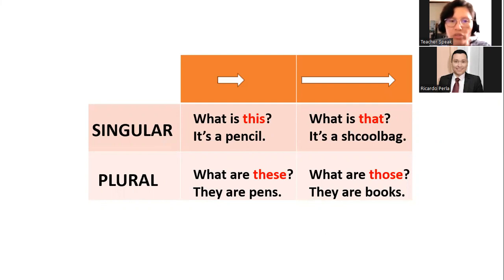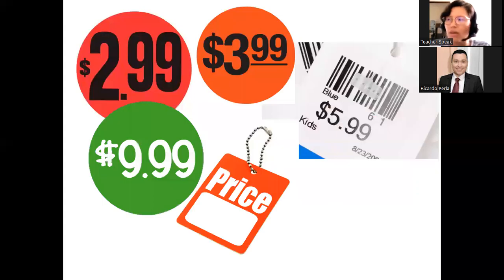Okay, very good. So then the second topic that we studied is this. We talked about prices, right? What is the topic? Do you remember? How much? Okay, very good. So when we use how much, we're talking about things or objects that we see and that we want to buy, like when you go to the supermarket.